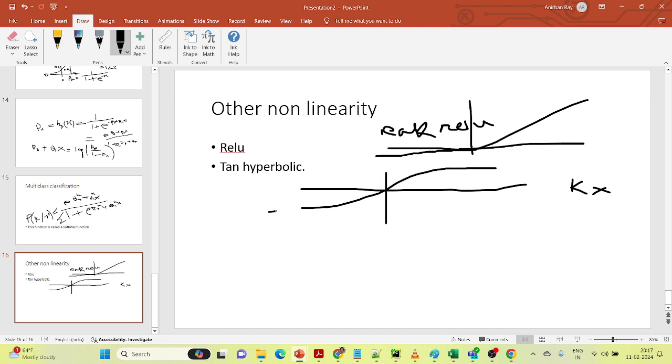It is from -1 to 1 actually. Sigmoid is from 0 to 1, and tan hyperbolic is from -1 to 1. I think it is this function.